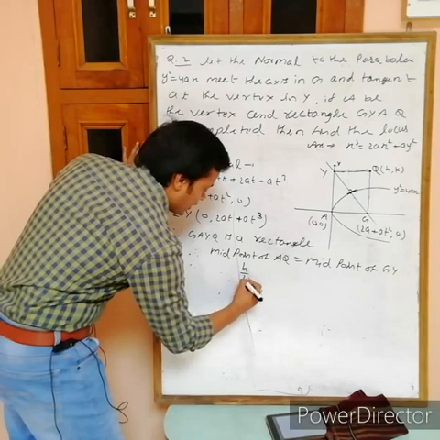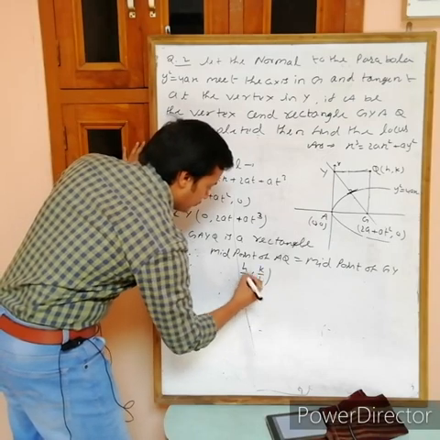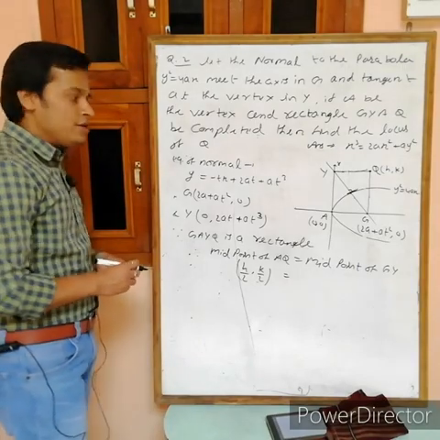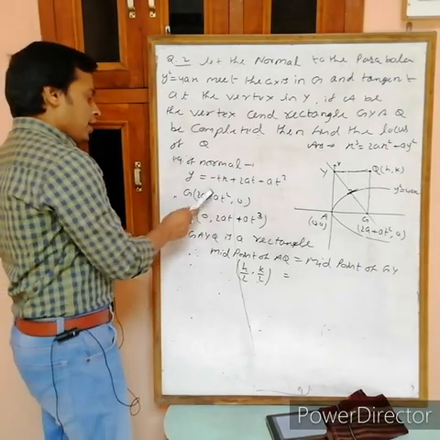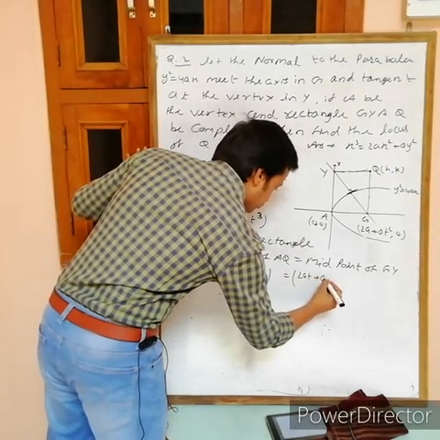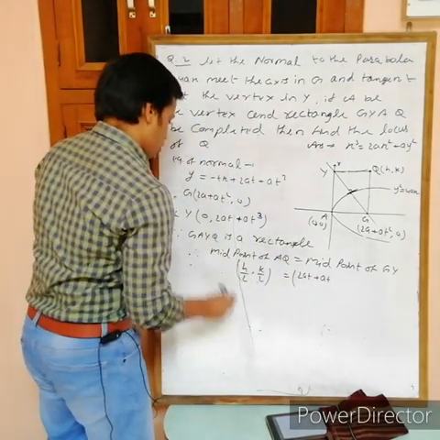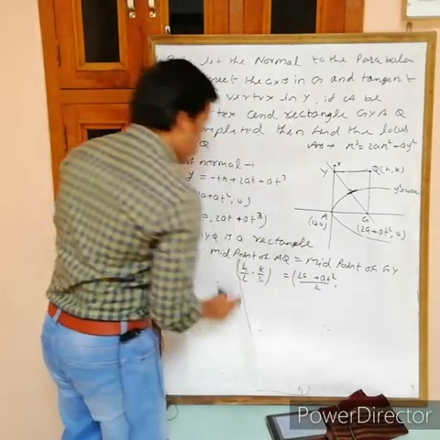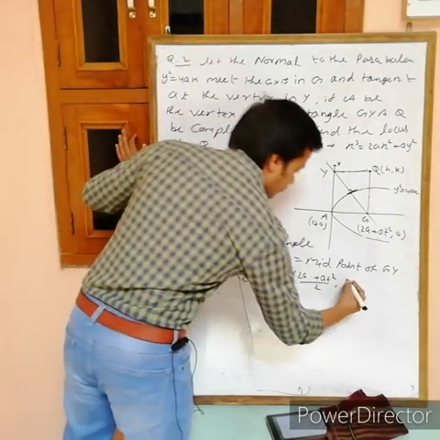So we are getting h by 2 comma k by 2. Okay, and midpoint of ZY is x1 plus x2 by 2, 2a plus at square by 2, comma y1 plus y2 by 2.